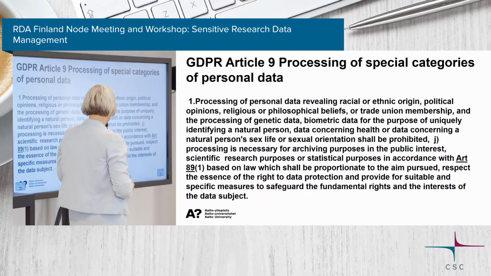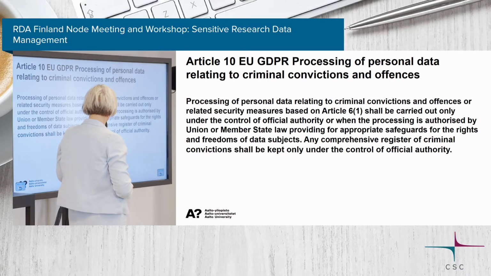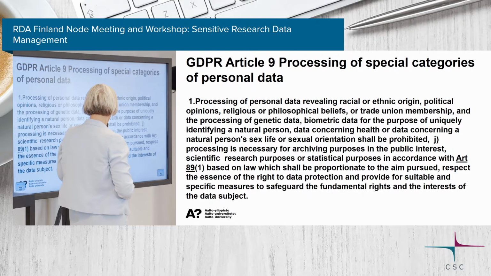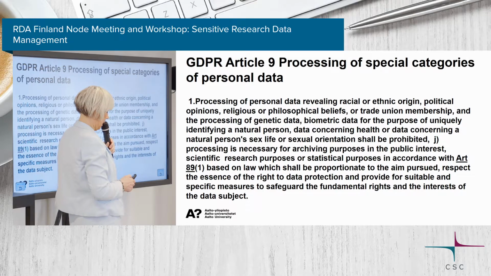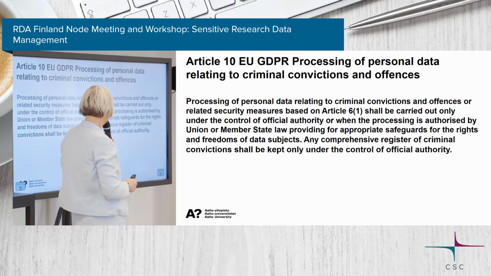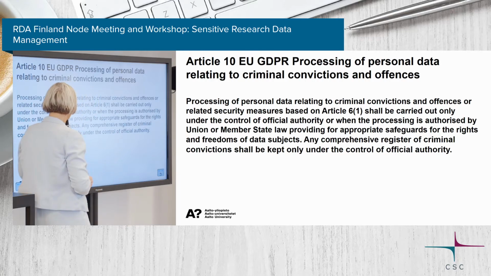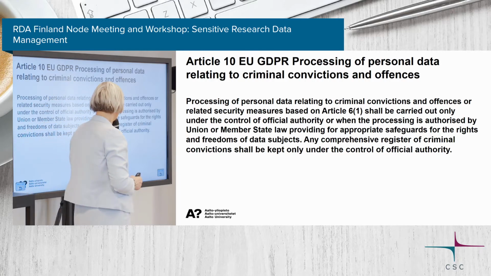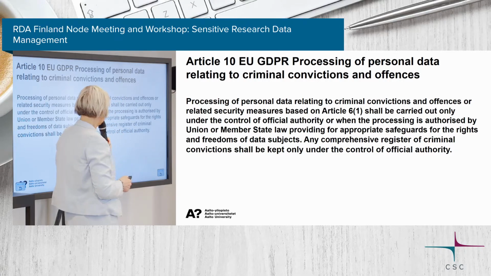And then it has to be done in accordance with Article 89. So there has to be a national law allowing use of this special category data, and we have that in Finland, and I believe that kind of legislation is in all EU countries. Then there's also one type of sensitive data, processing of personal data relating to criminal convictions and offences, but I'm now concentrating on Article 9.